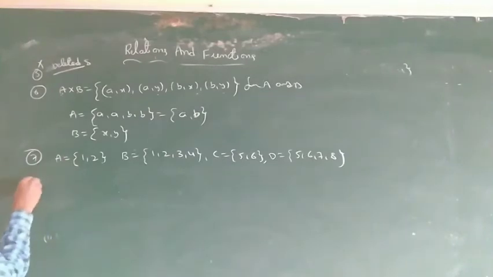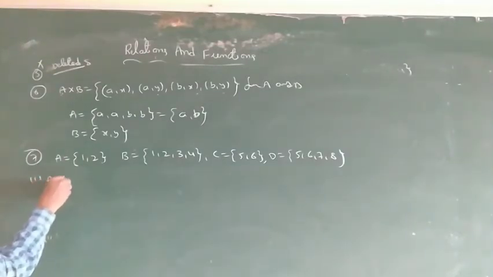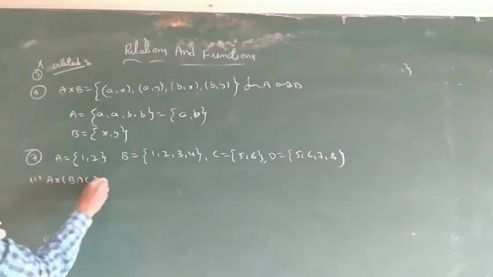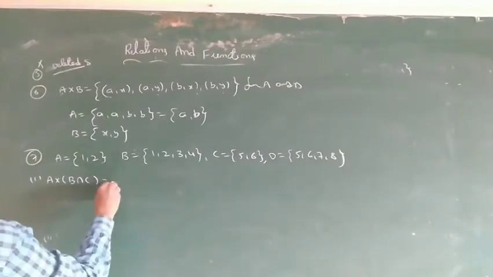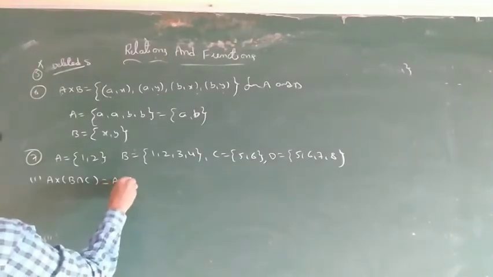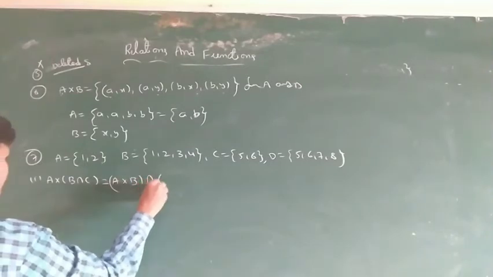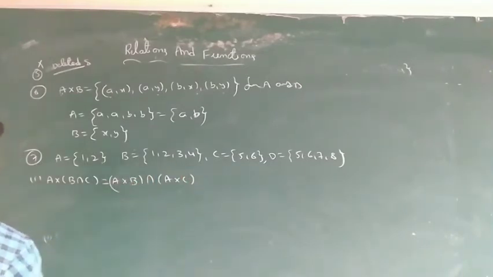Verify that A cross (B intersection C) is equal to (A cross B) intersection (A cross C).